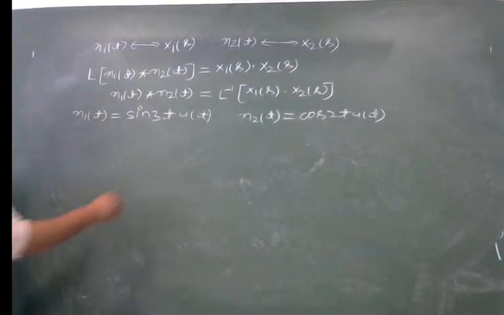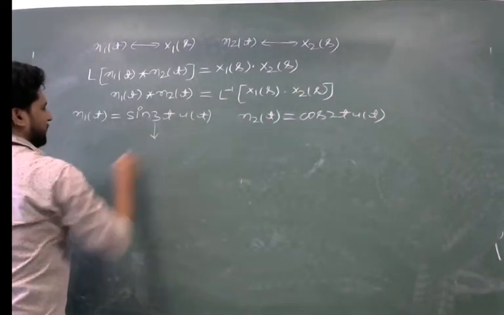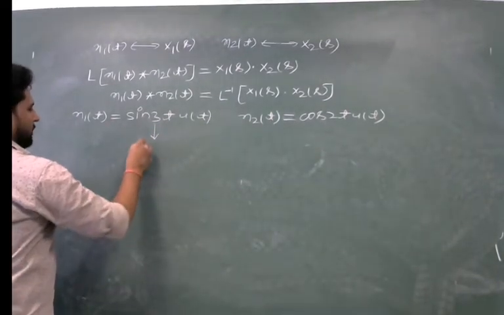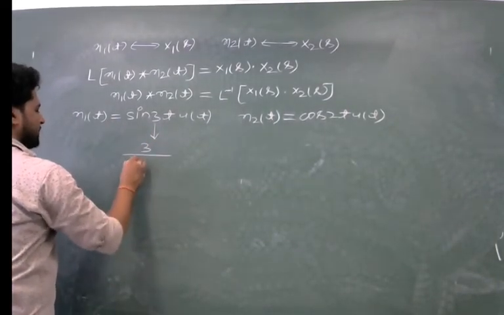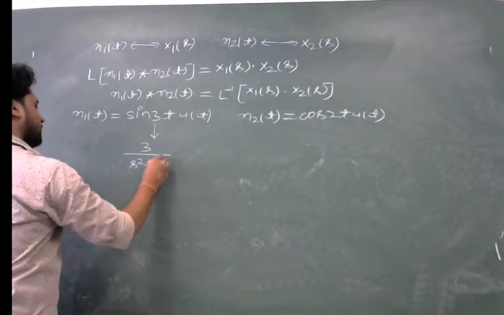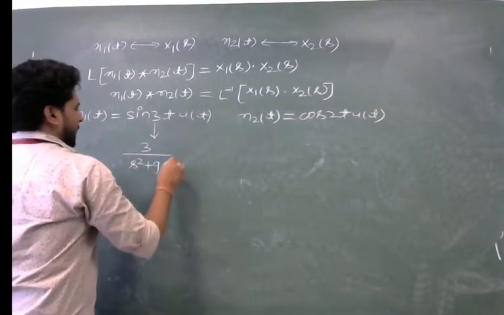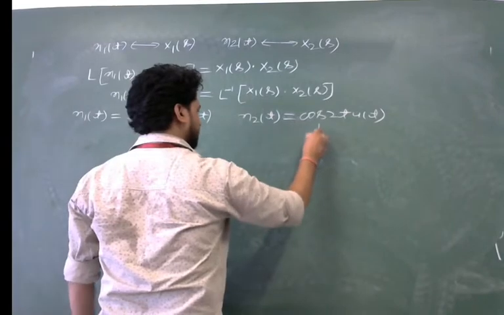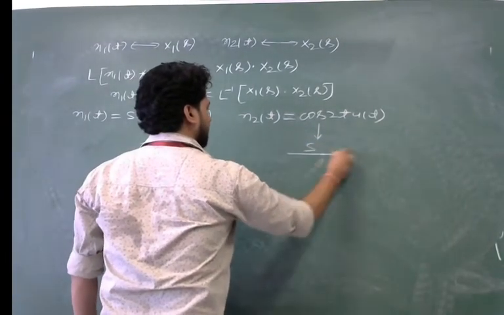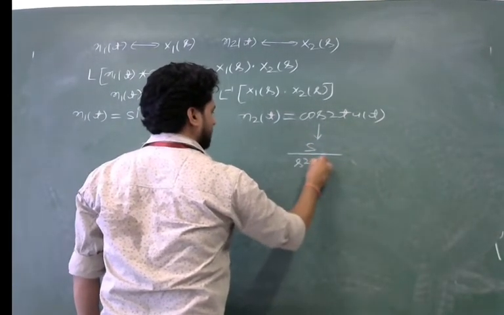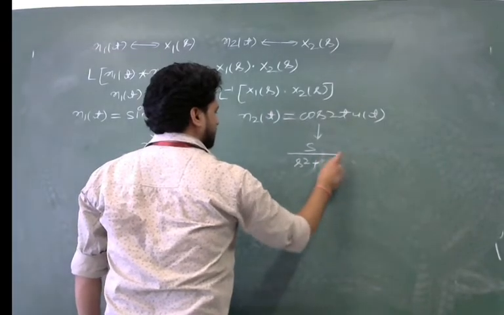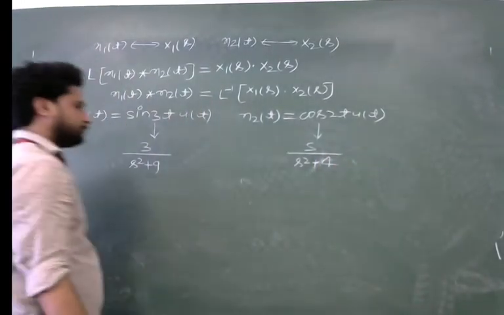So the Laplace transform of this will be equal to omega upon s square plus omega square, and the Laplace transform of this will be equal to s upon s square plus omega square, where omega is 2.